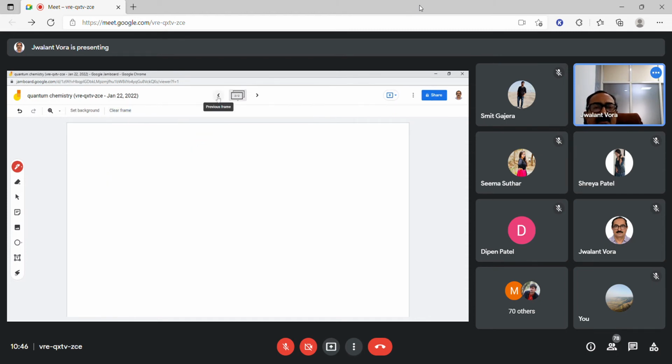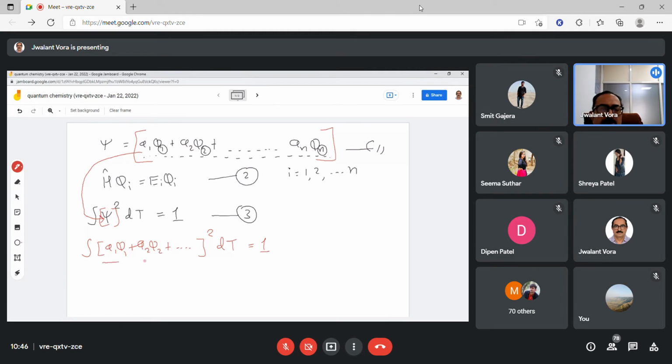Same way we are a plus b plus c no square છે, we are converting into a1 square phi 1 square, first part, plus a2 square phi 2 square and so on. બીજો પાર્ટ લખીએ twice a1 a2 phi 1 phi 2 plus twice a1 a3 phi 1 phi 3 and so on, d tau, this is equal to 1.